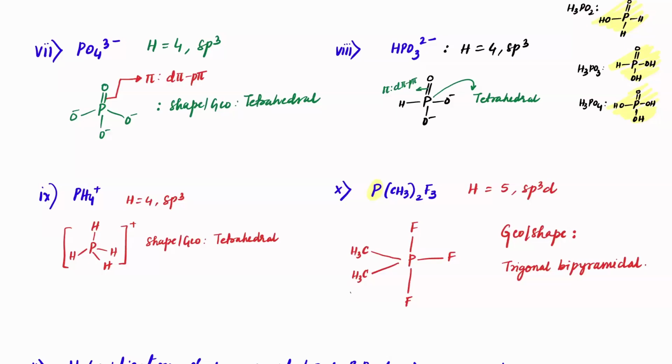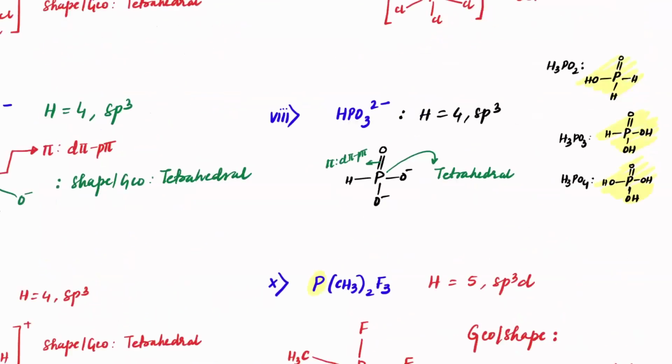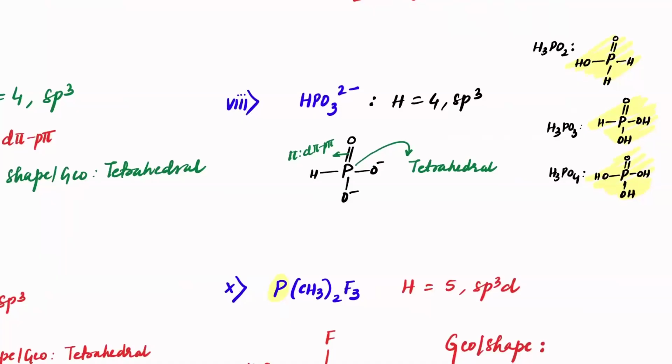Can you explain the eighth one again? Eighth one. Okay. What I'm saying is, when it comes to phosphorus acids, hydrogens in these two cases are directly connected also. Like in these two cases, H, H, H here. But in H3PO4, all of them are connected via oxygen. Now, this is an H3PO2 minus.